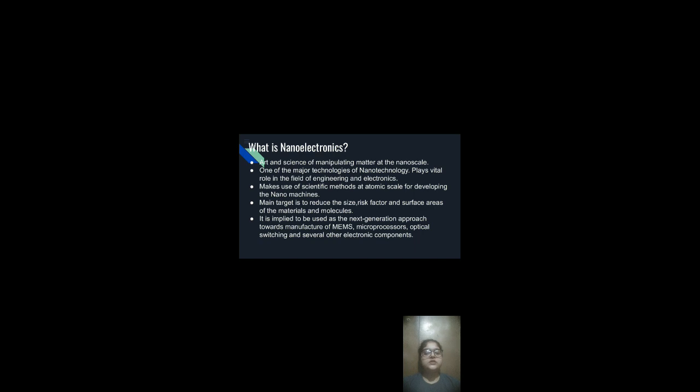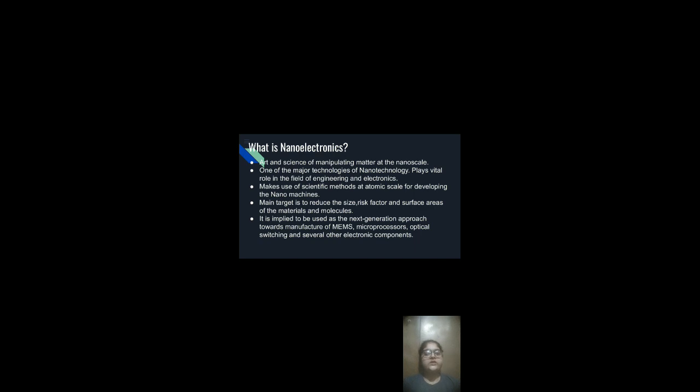Its main target is to reduce the size, risk factor, and surface areas of the materials and molecules. Then last point is it is implied to be used as the next generation approach towards manufacture of MEMS, microprocessors, optical switching, and several other electric components.